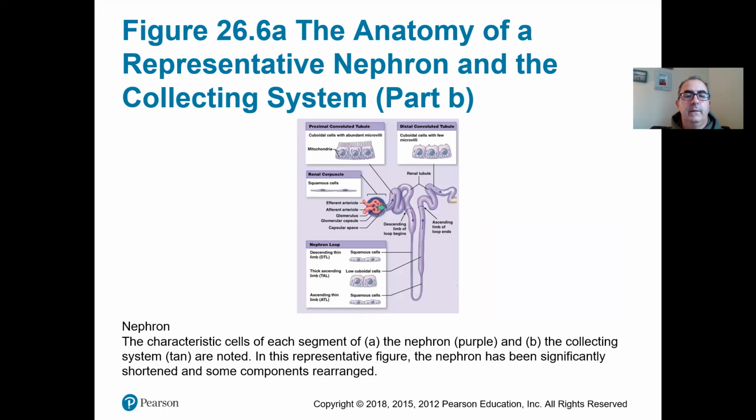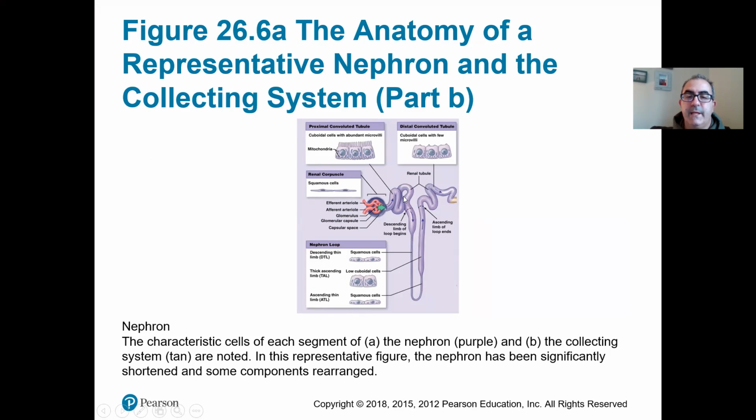Okay, so here again they show you the nephron, right? They did a better job, obviously, than I can draw on the computer, but you can see the blood vessels, the afferent arteriole and the glomerulus going in, right? You can see that they call this capsule, they just call it the renal corpuscle.